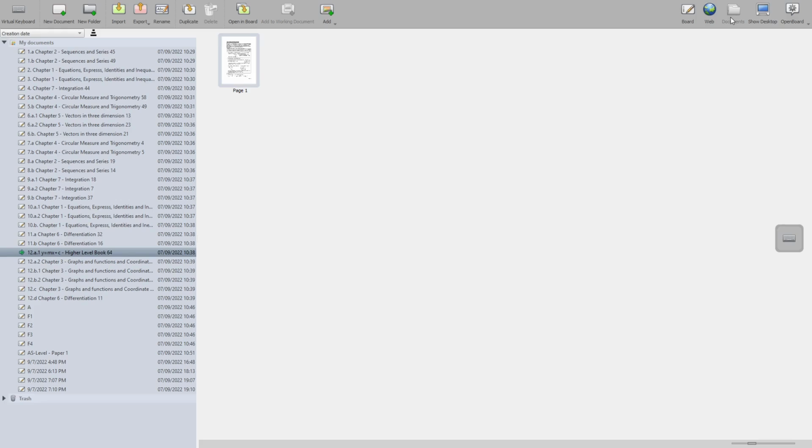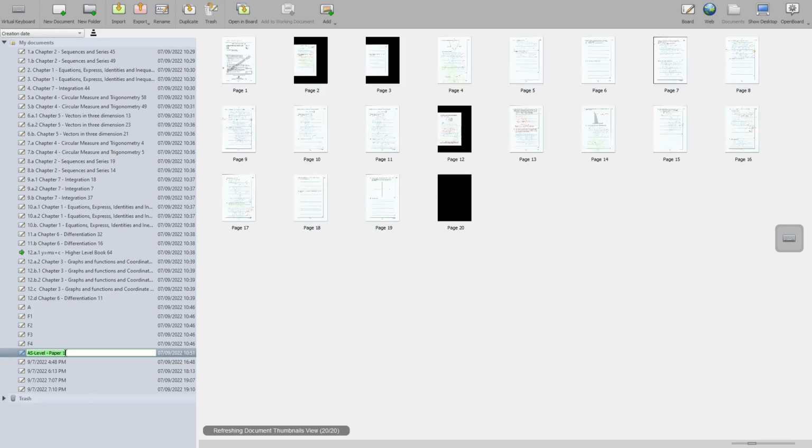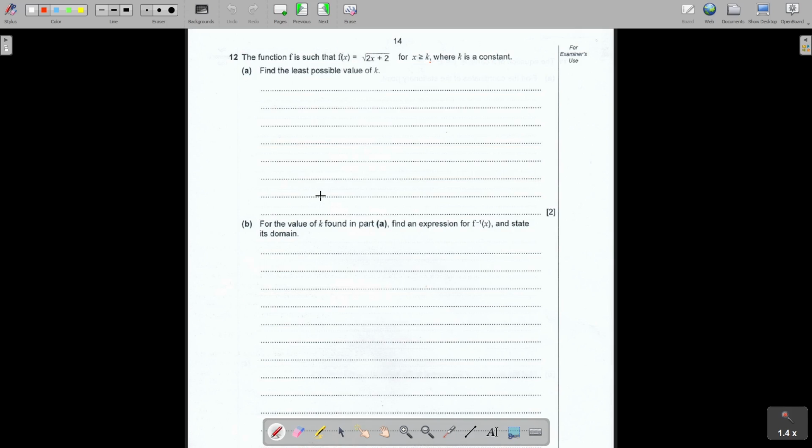So let's go back to the question. So basically this is just a root. So I can just start by saying, I know that this must be bigger than or equal to 0, it can be 0, but it cannot be negative. So I just simplify this, and then I get x is bigger than or equal to, if I divide by -1.